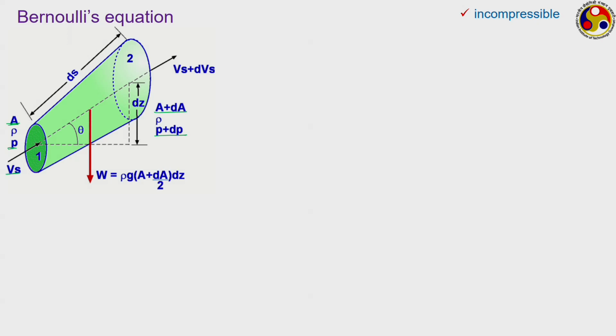Here the velocity in the streamwise direction is Vs, whereas at the other end, at edge 2, the velocity is Vs plus dVs. The streamwise direction makes an angle theta to the horizontal. Accordingly, the weight W of the total fluid volume bound within the stream tube is given by this, and the total length of the stream tube is ds.